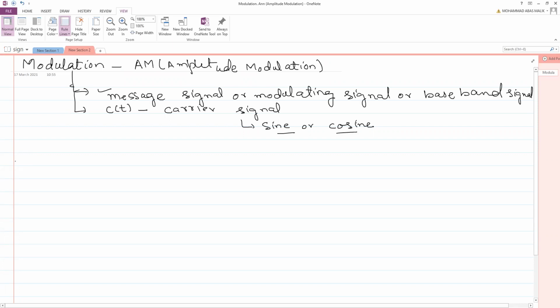Before going to amplitude modulation, I will write the definition of modulation again.